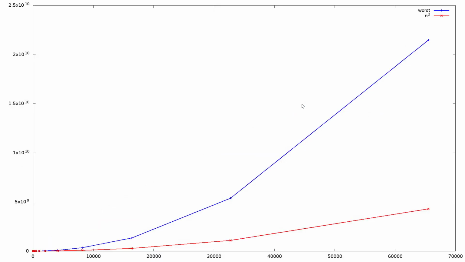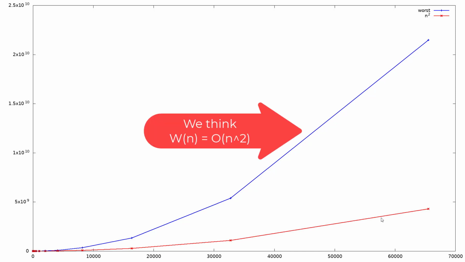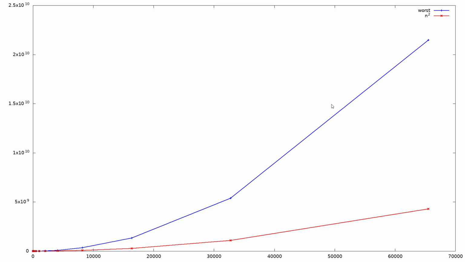In the worst case situation, here's my worst case line, the blue line. And this is, again, the number of operations. The red is just n squared, where n is the array size in this situation. Just like before, if we want to convince ourselves that the worst case for bubble sort is big O of n squared, we want to find a constant we can multiply this red line by to bring it above the blue line.